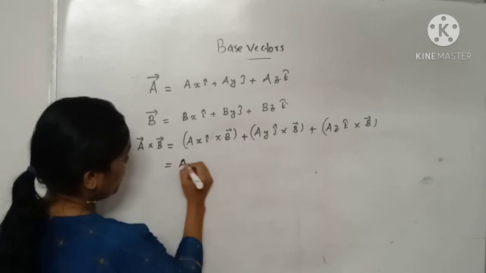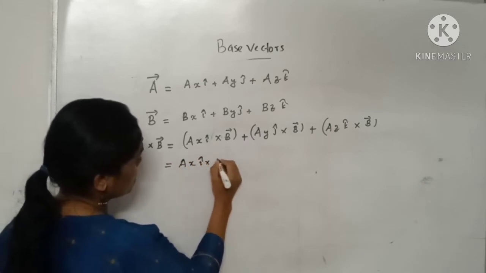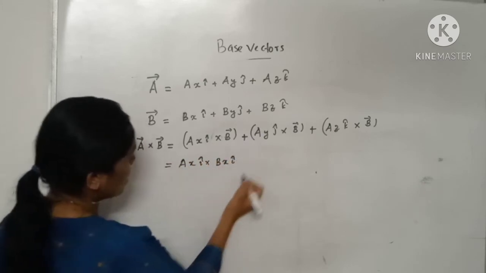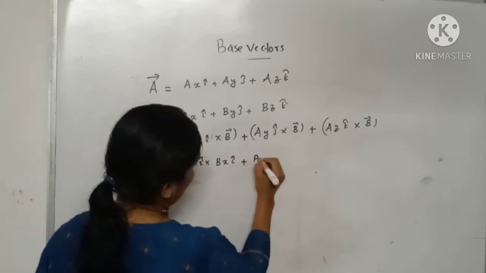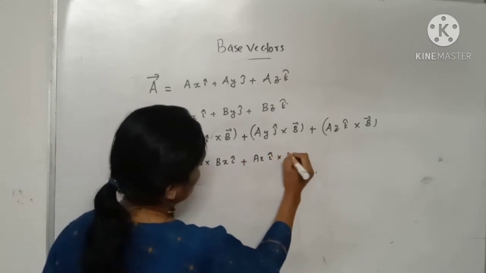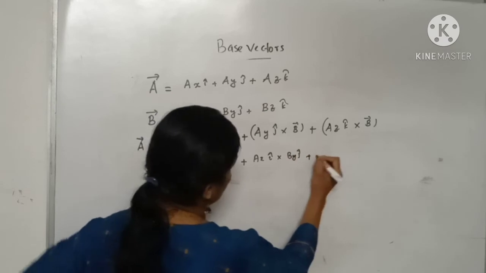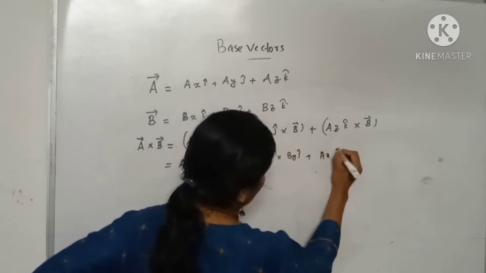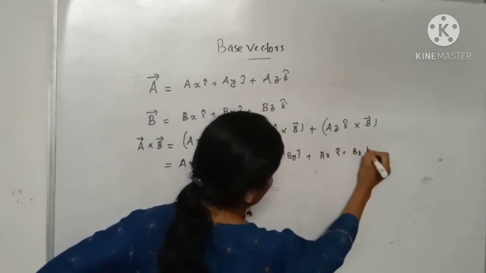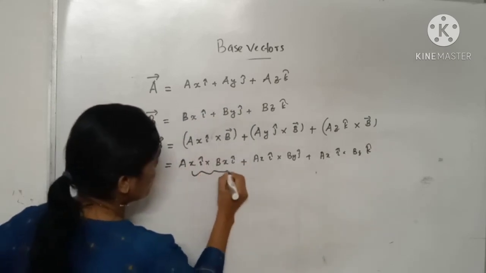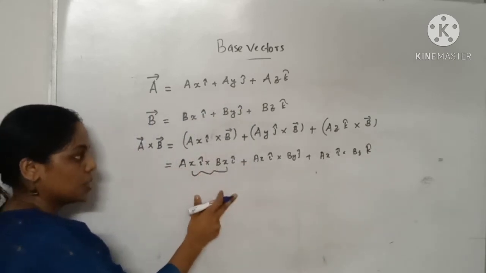Which is equal to AX i cap cross BX i cap plus AX i cap cross BY j cap plus AX i cap cross BZ k cap, which is equal to 0 since i cross i is equal to 0.